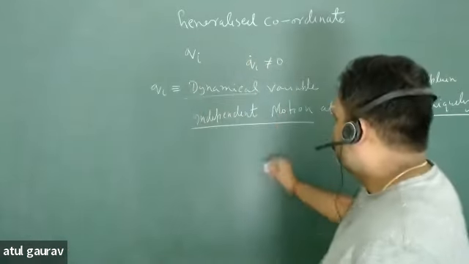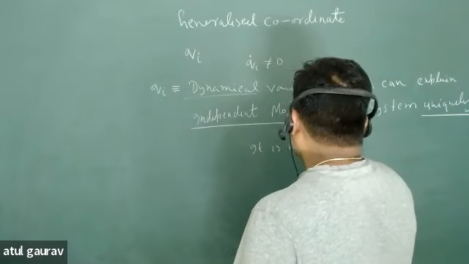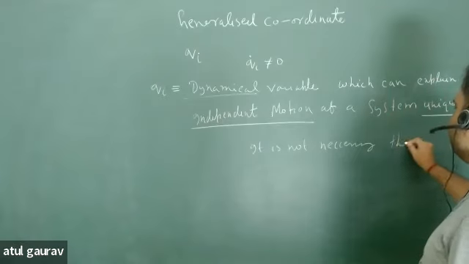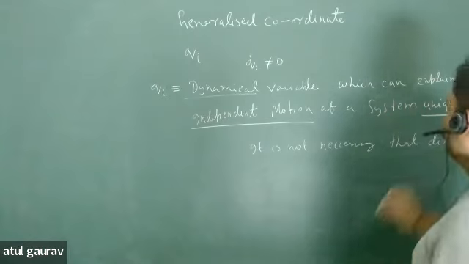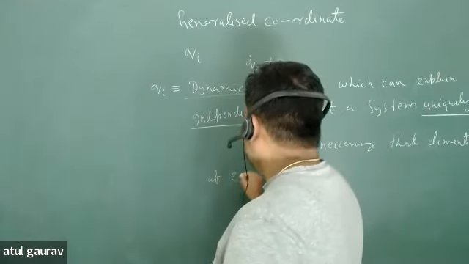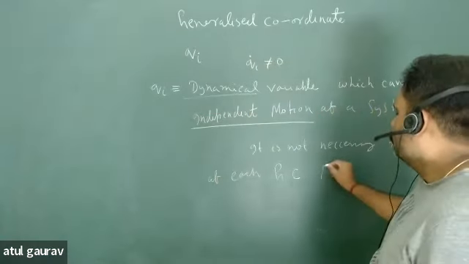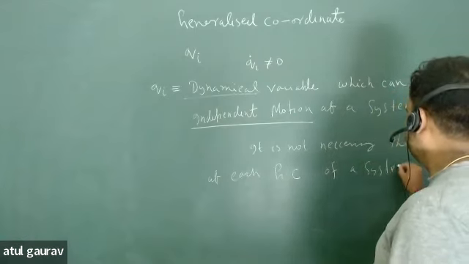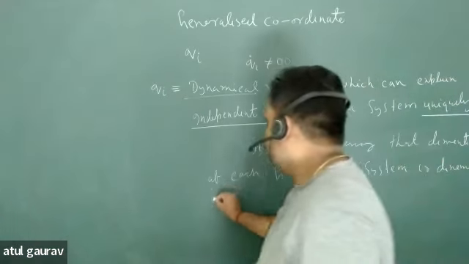And it is not necessary that the dimension of each generalized coordinate of a system is the dimension of length.